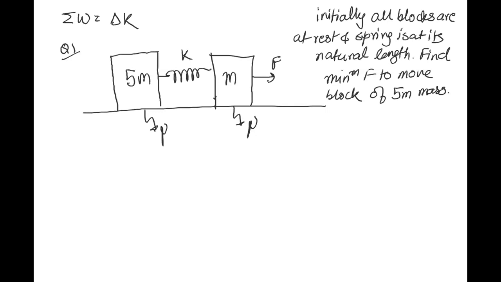When you do, it is my contention that when you apply summation of work equal to delta K, you are going to get two unknowns. The problem laid out in front of you will be that after applying the work energy theorem, you will get one equation and two unknowns. So to find that other unknown, you have to look at the problem again and think about what else is given.